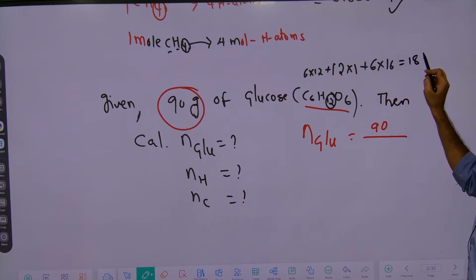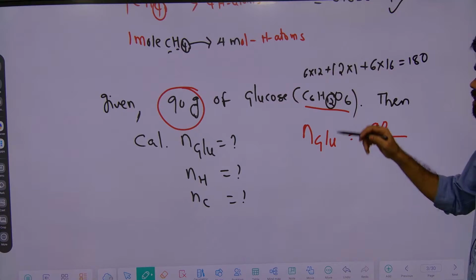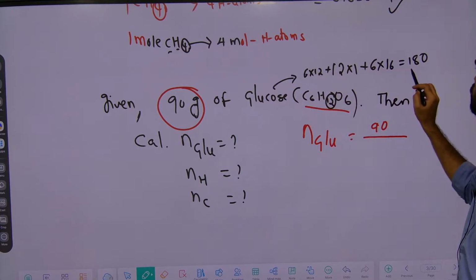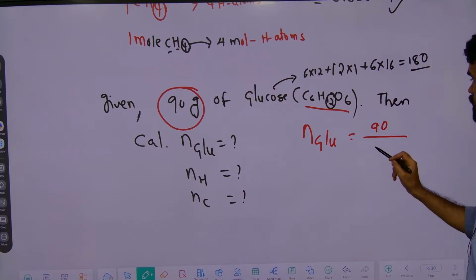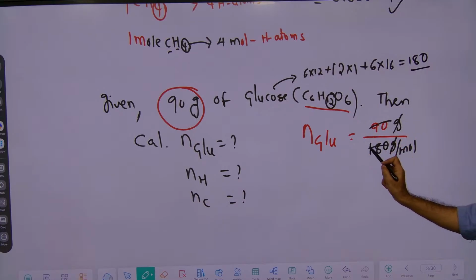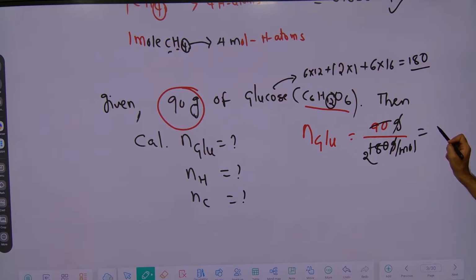So it is 180. So from now onwards, no need of calculating like this. Just remember glucose molar mass is 180. Okay, because we will use it regularly. So here grams, here gram per mole. So gram 90 means 2 times. So how many moles? Half mole. Half mole of glucose is given.